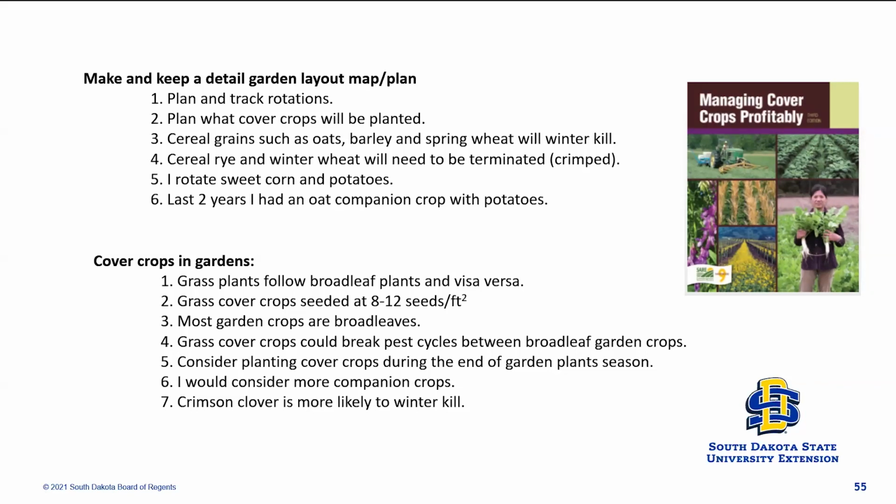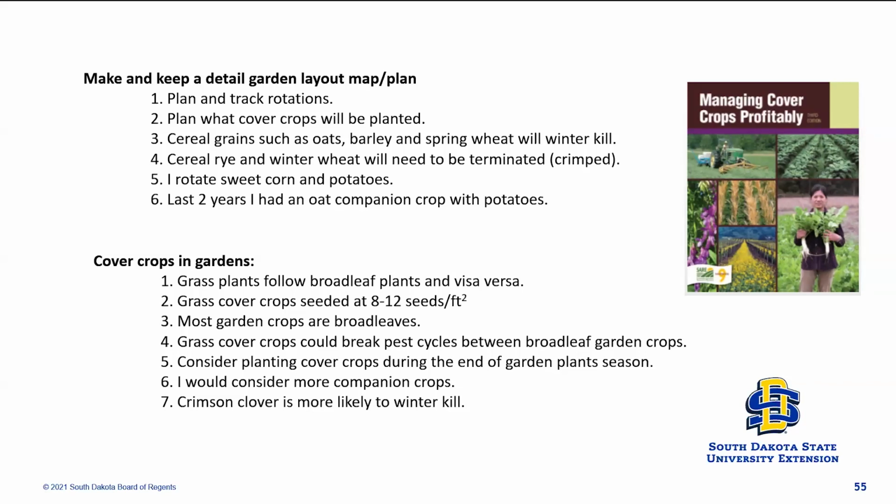Recognizing that most garden crops are broadleaves. So I think it's more important to get grass cover crops out there when you're done growing those broadleaves so that you can come back and grow those broadleaf crops again, because you see that kind of fits the bill as a rotation.